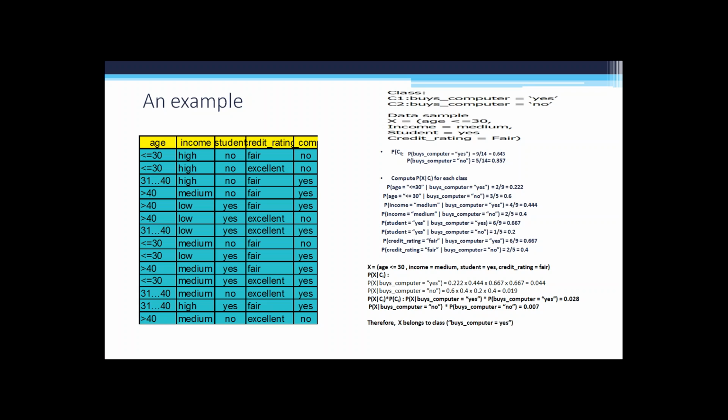Given the new instance, with all the input variables and their values, you find the relative probability of each of the classes, and then you find the class with the maximum likelihood for that particular instance, and you assign it that class.